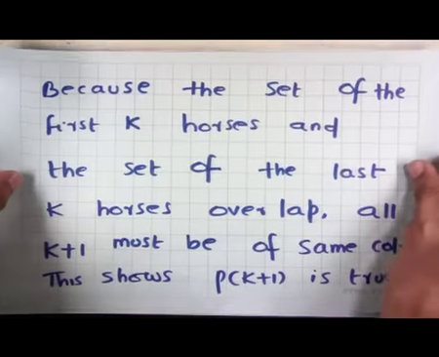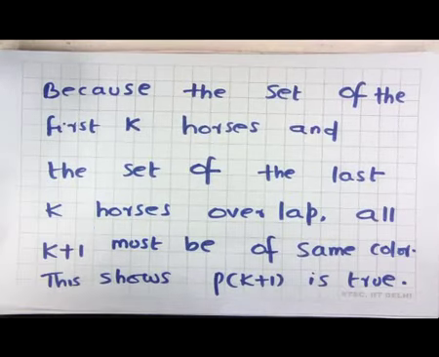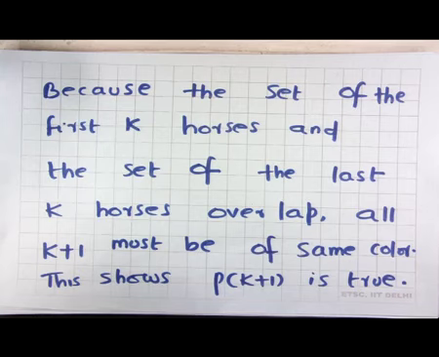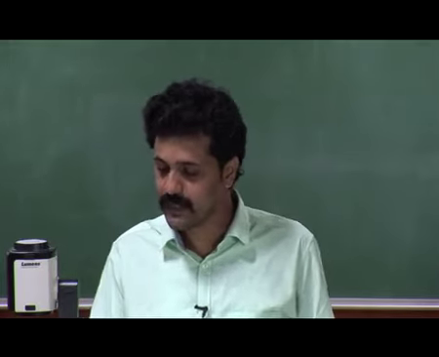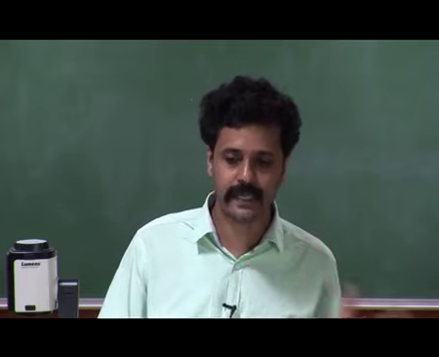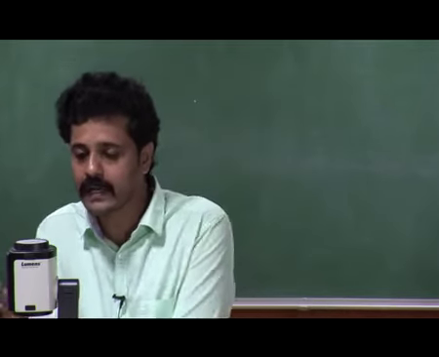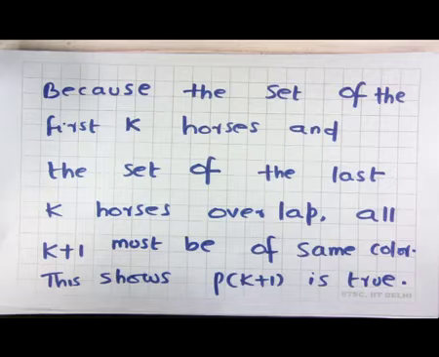Now, one goes on arguing like this: because the set of first k horses and the set of last k horses overlap, there is at least one element common in the first k horses and the last k horses. So, the color of the first k horses and the color of the last k horses should be the same. All k plus 1 must be of the same color. This shows P of k plus 1 is true. So, this is how one argues.